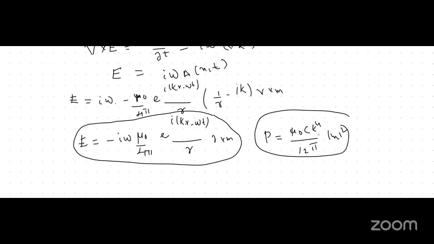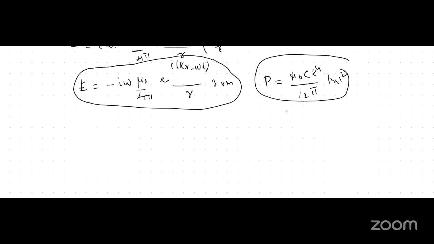For the electric quadrupole, we will substitute the E of x, t value, and finally we will get the electric field due to the quadrupole, and similarly the total power radiated by the quadrupole we can calculate. I'm not going to derive those here, and directly I'm writing them.